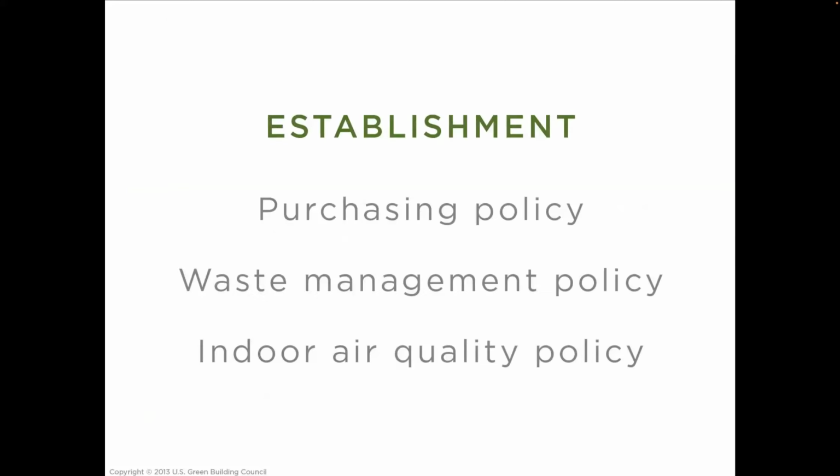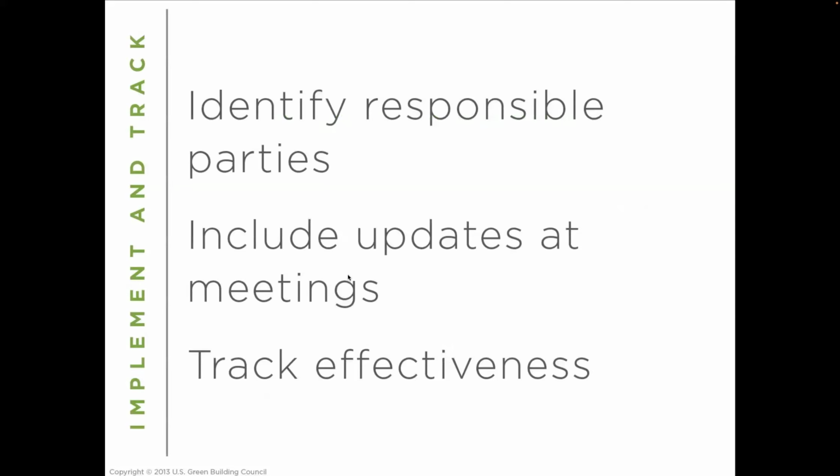All right, so the establishment is you create the policy. Again, there is a policy in the LEED credit library for this credit that you can look at and see what they put in there. You're establishing a waste management policy and an indoor air quality policy. So all these things are established. You have to do it. You have to identify who's responsible for it, because it's no good if we don't know who's responsible for implementing these policies.